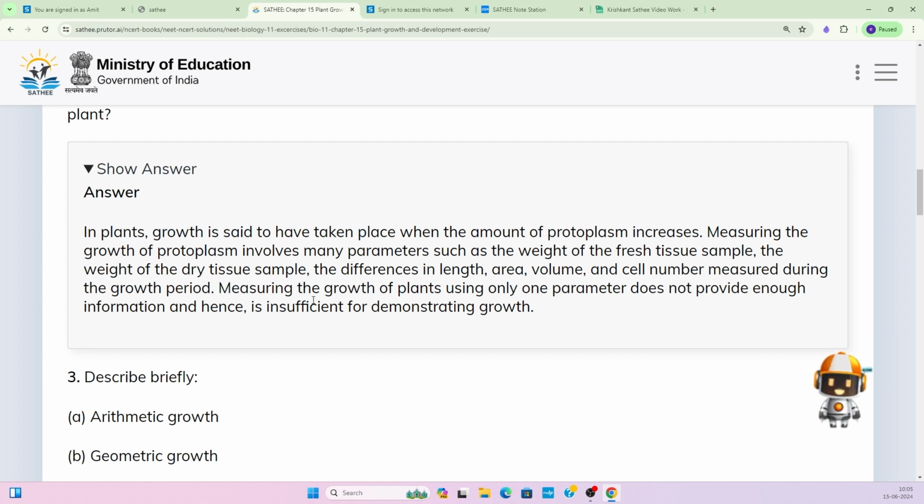It will not give you the exact growth of that particular plant. Hence it is insufficient for demonstrating the growth of the plant.